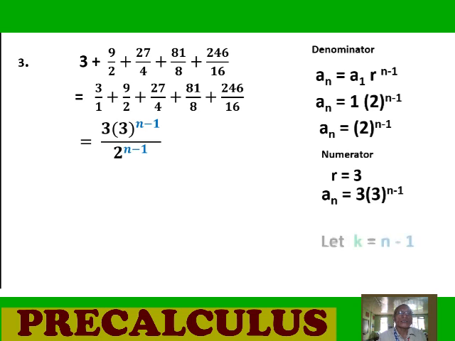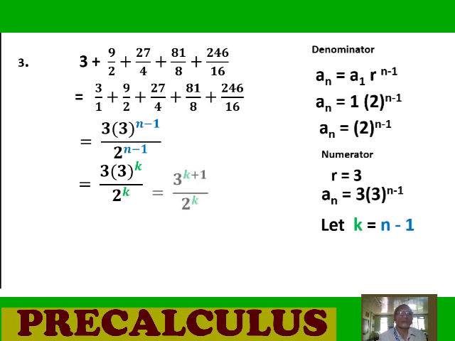We can let k equal to n minus 1 so that it becomes, in simplified form, 3 times 3 to the k over 2 to the k. The numerator can be simplified further as 3 to the k plus 1. So our summation notation is summation of 3 to the power of k plus 1 all over 2 to the k, as k starts from 0 to 4.